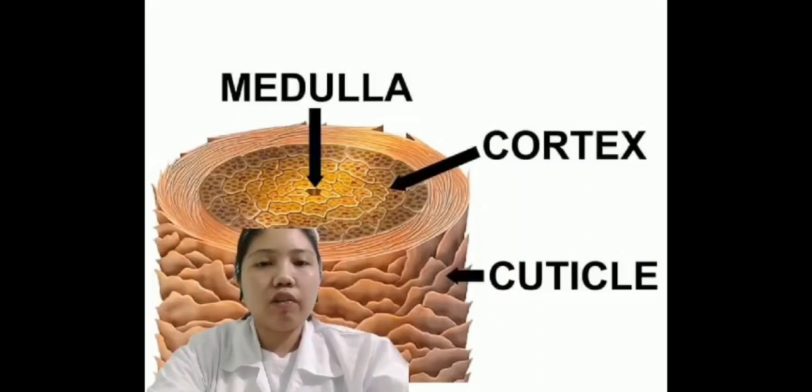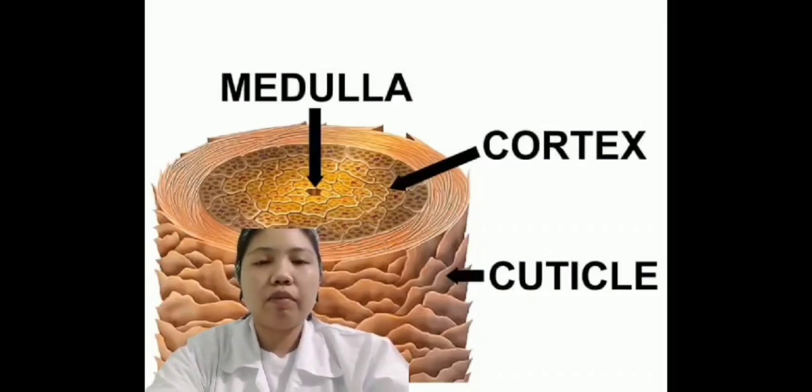It consists of one layer of non-nucleated polygonal cells which overlap like the scales of fish. Next is the cortex, which is the intermediate and the thickest layer of the shaft and is composed of elongated spindle-like fibrils.